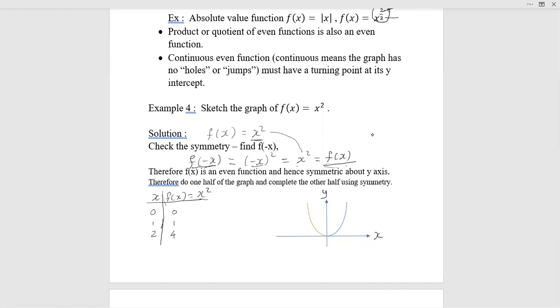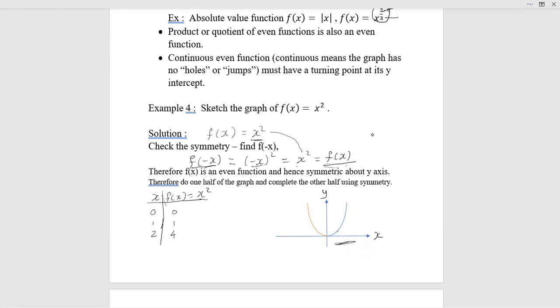Then we can create the left side using symmetry, right? So I got just three values, 0, 1, 2. When you square these values, we get 0, 1, 4. Using that, I drew this side of the graph.